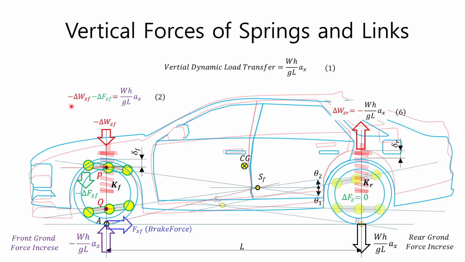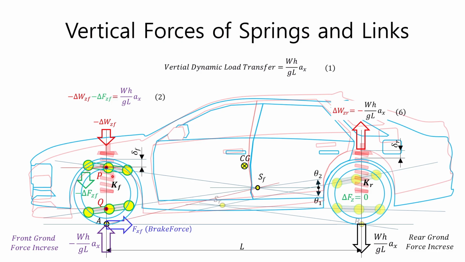Thus, it can be expressed as equation 2. In equation 2, AX represents the braking deceleration and has a negative value. Therefore, in equation 2, minus delta WZF and minus delta FZF both have a vertically downward direction and act as forces that compress the springs and links.